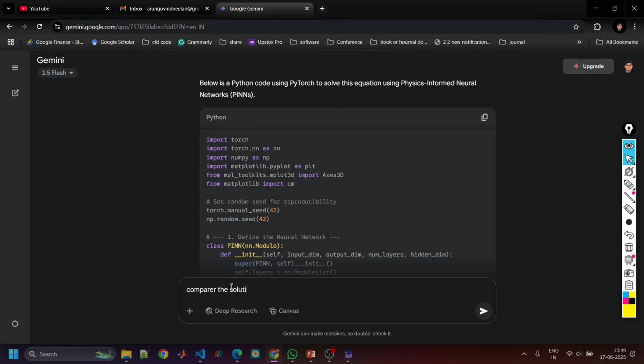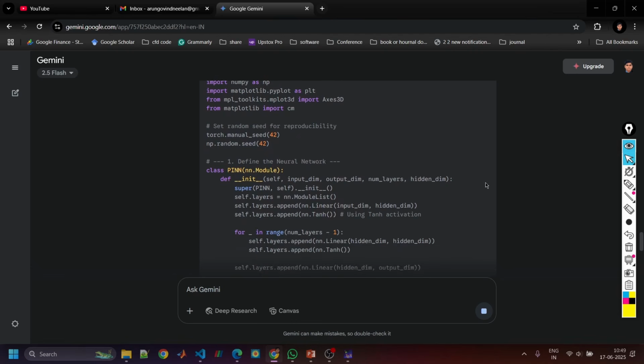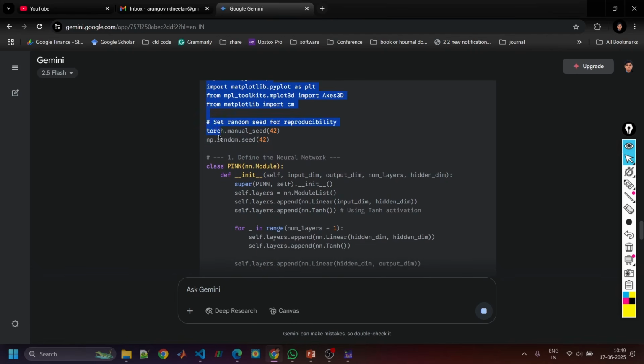Compare the solution with the analytical solution at t equal to 1. Look at this code. This is a good practice because it ensures the code is consistent every time we run it, because the standard PyTorch initialization uses random weights.